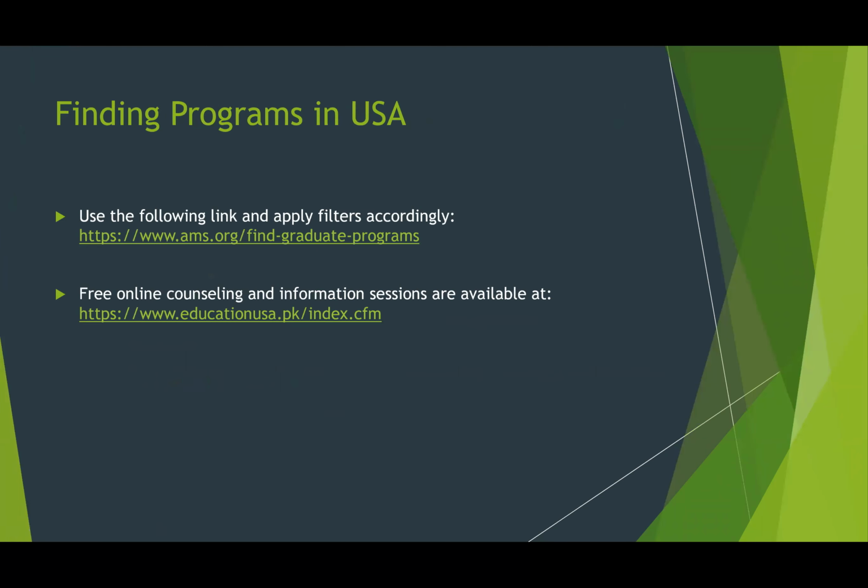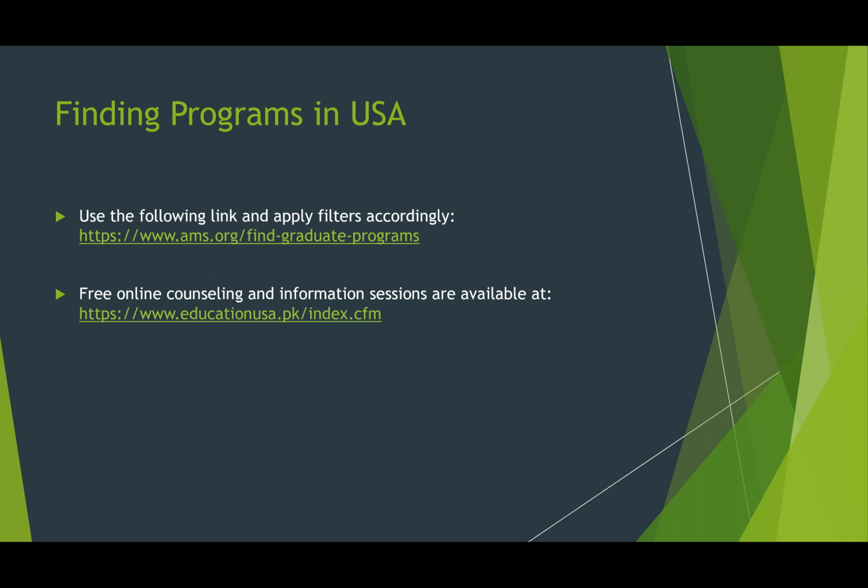Finding master's or PhD programs in the US is much easier because it's all structured. I've attached a link for the American Mathematical Society, AMS, and you can just Google AMS and write "find graduate programs," and it will give you this link.